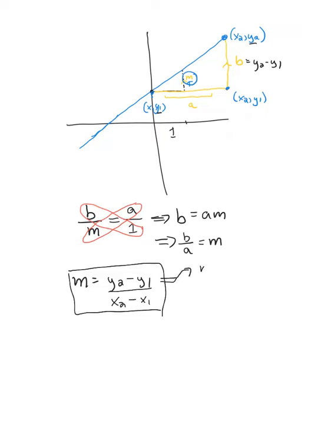Another way of thinking about it, you might see it written as delta y over delta x, and that little triangle there means delta, or change in, which is how much y changes from one point to another over how much x changes from one point to another. And the other way you might see it is as rise over run.